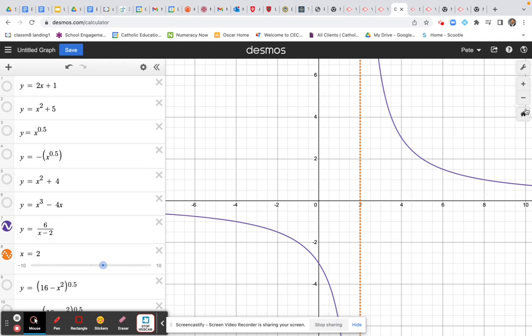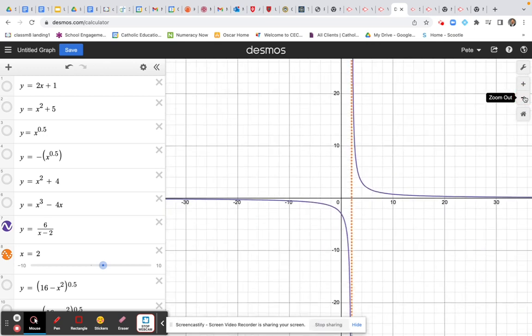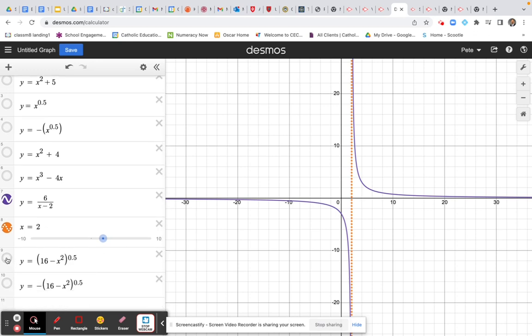And what is the y value that it can't take? It doesn't look as though this y value can ever be 0, can it? 6 divided by even a million is not 0. It's very, very close to 0, but 6 divided by a million is 0.000006.